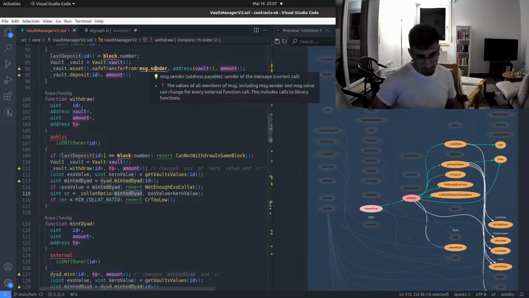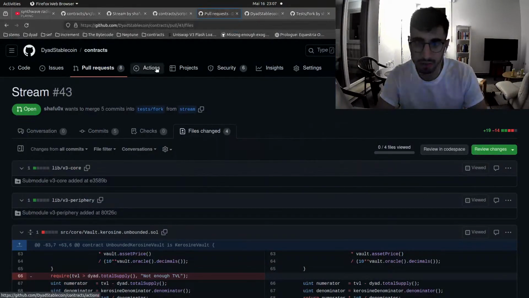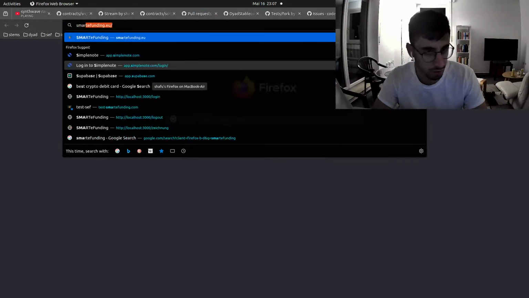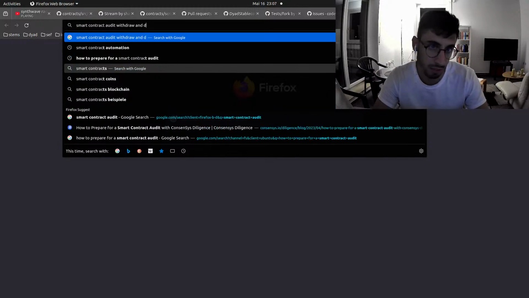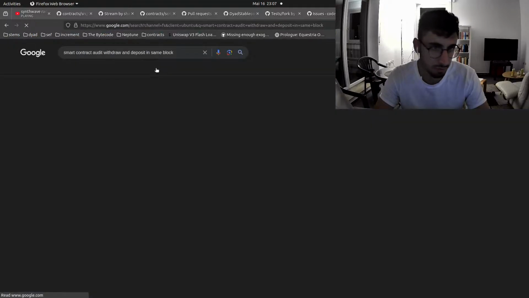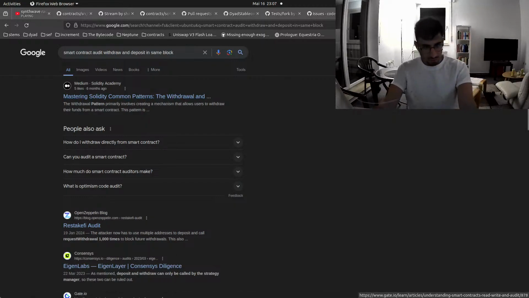I don't know if we very trivially Google this, smart contract or withdraw and deposit in the same block. Is there something we could find?